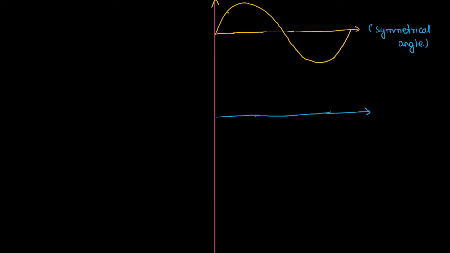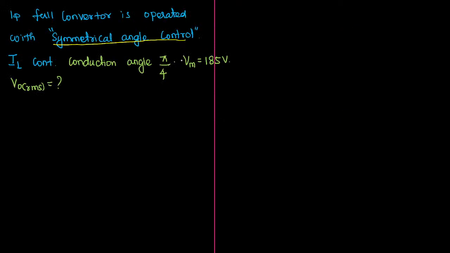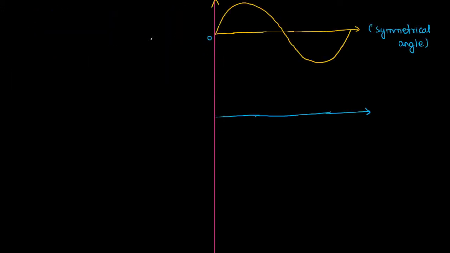Now in our question, let me break at 0. Now take 45 degree, because the angle is given as pi by 4. Pi equivalent value is 180. If you divide 180 by 4, 4 times 4 is 16, the remaining is 2, so we get 45 degree.